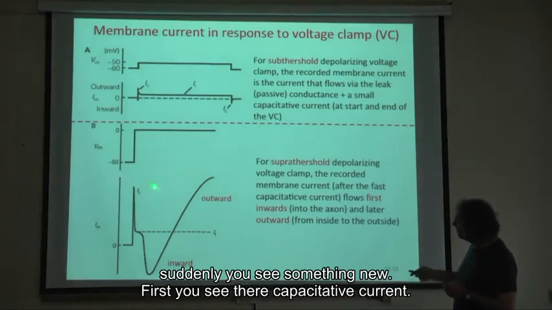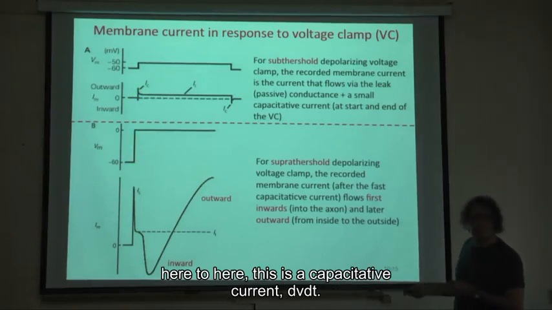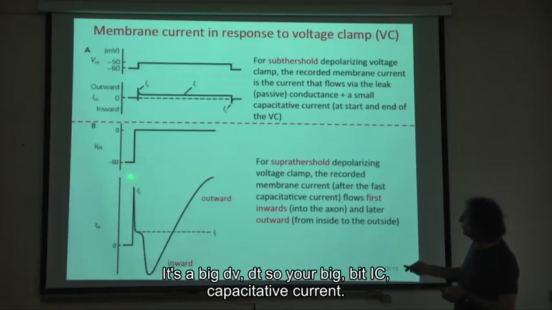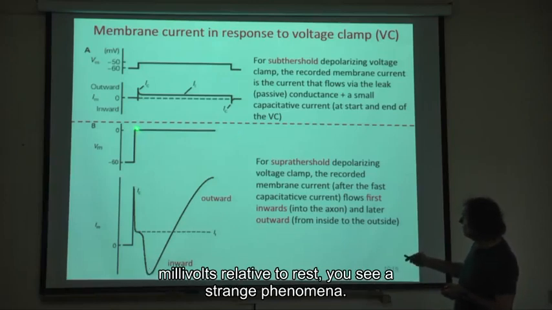First, you see the capacitive current, as before. Just because you change the voltage from here to here, there is a capacitive current, dV/dt. It's a big dV/dt, so your big IC, capacitive current. But then, when you hold the voltage at plus 60 millivolts relative to rest, you see a strange phenomenon.